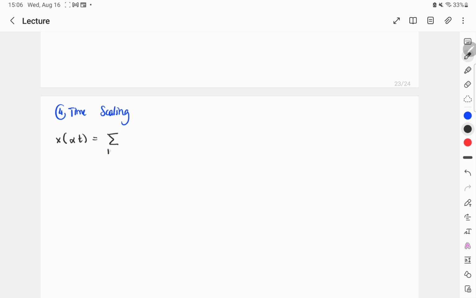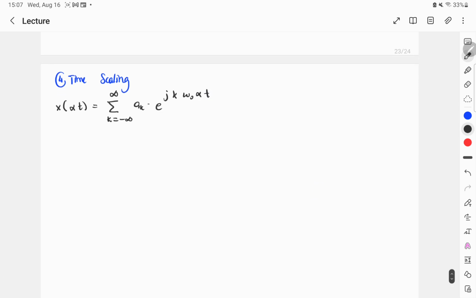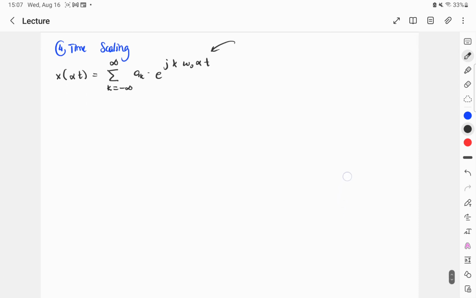Let me write it here. The sum over k from minus infinity to infinity, a_k times, as you remember, we used to do it like this, but instead of t, we will write alpha t. That is the only difference. So here, as we can see, there's no difference in the coefficient, but the nature of the signal has changed because the exponential has changed.